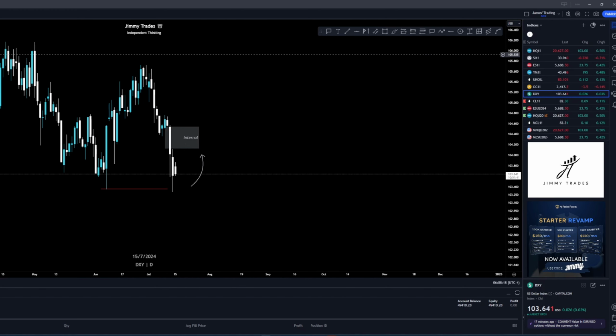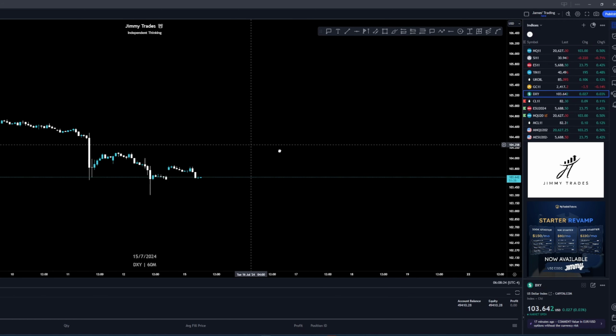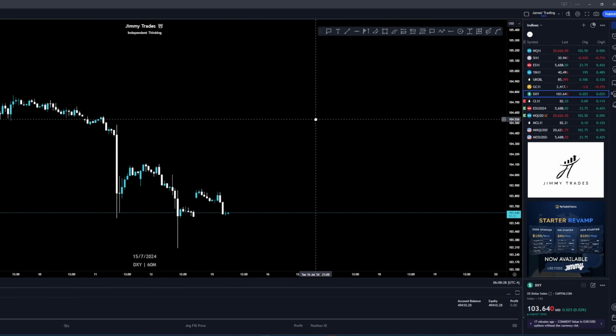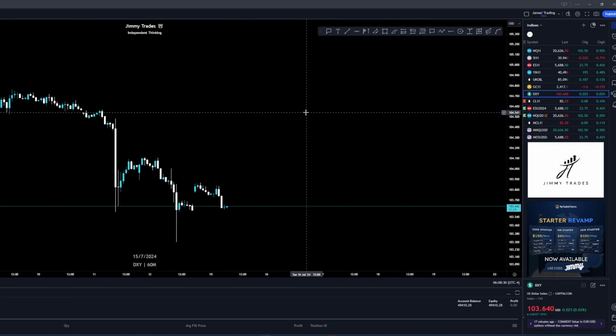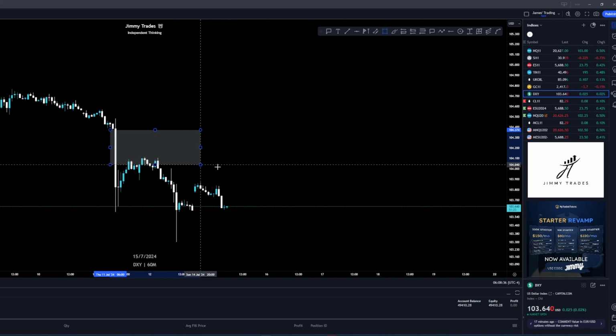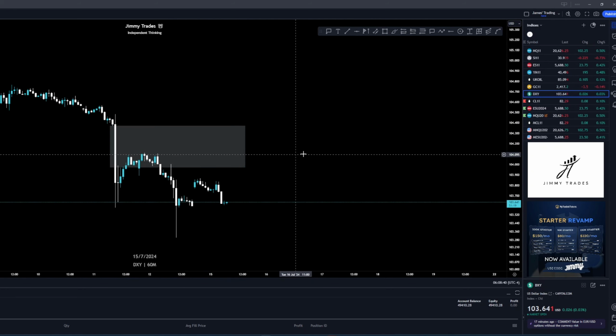Okay, let's drop to the hourly. So price respected a bearish PD array here and continued to move lower.